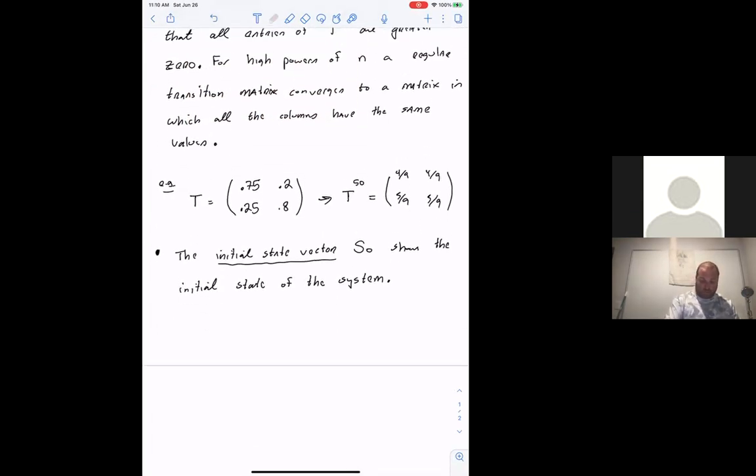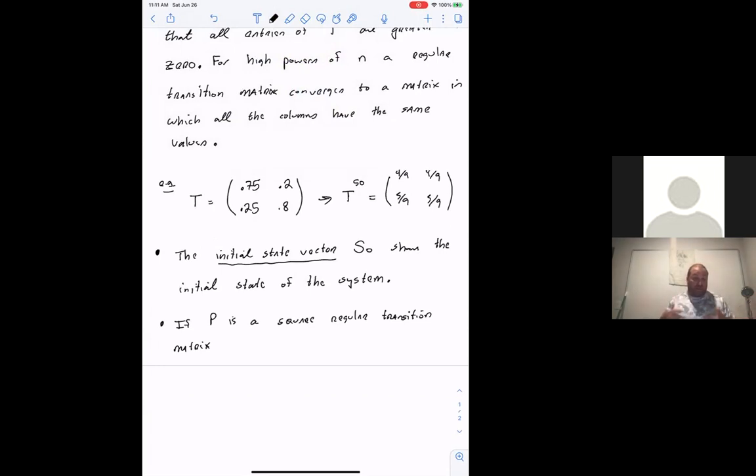Before we do an example, one more definition here. It says if P is a square regular transition matrix, and I personally think that the word square should be removed from that because it has to be square if it's a transition matrix in the first place.